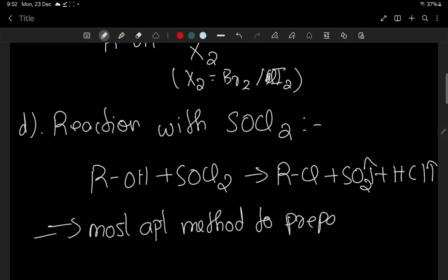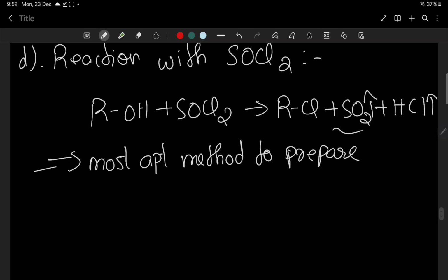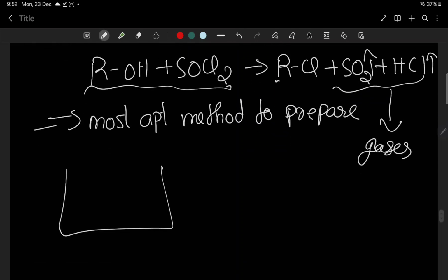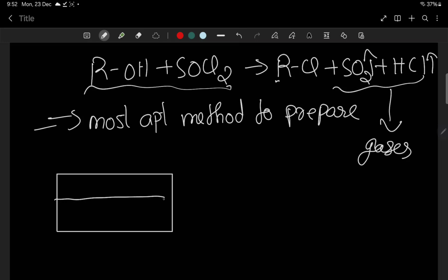The reason is that as the byproducts are gases, when we prepare using this method, we get RCl in the most pure form. Suppose I have my tumbler here, and I put ROH plus SOCl2.